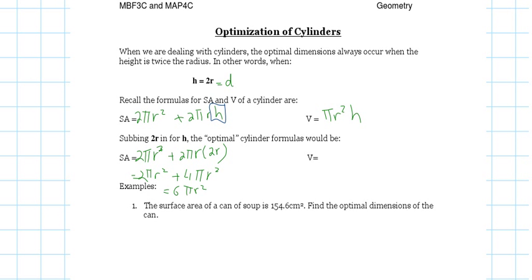So you see what happened? I replaced the h with what it should equal to. It should equal 2r for me to get the optimal value. So now, if you look at my formula, the surface area only has the radius in it. It doesn't have any other variables. Why did the 2 become a 4?